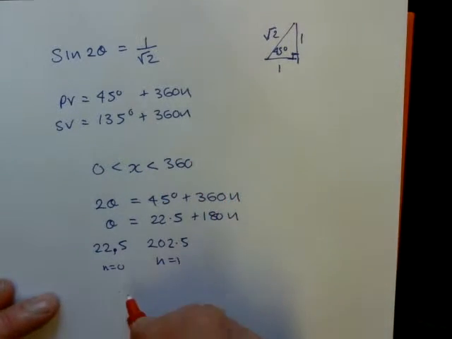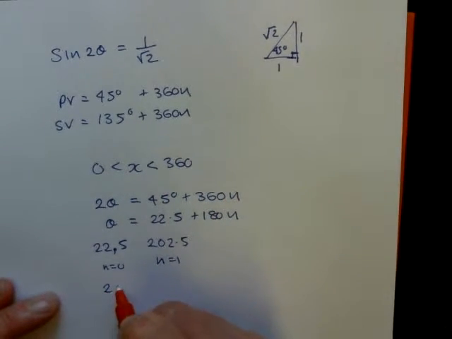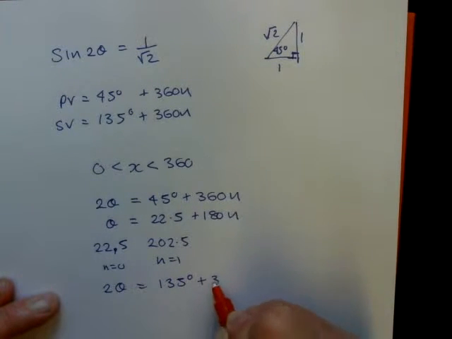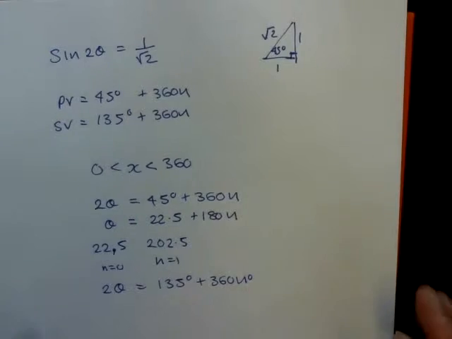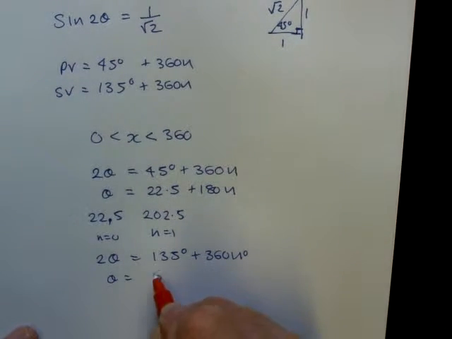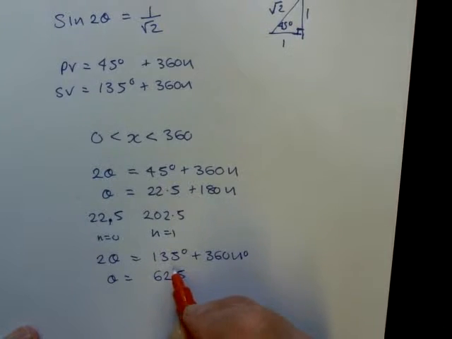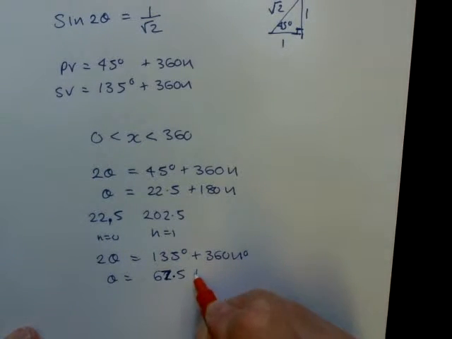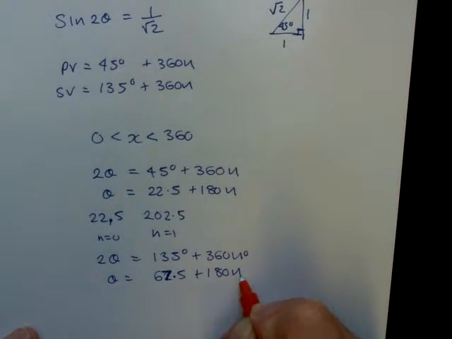I've got two more solutions, so I've got to do 2 theta equals 135 degrees plus 360n. So theta will equal 67.5, that's half of 135, plus 180n.